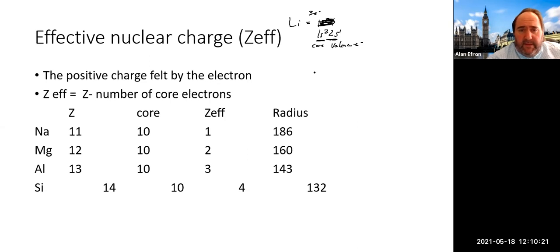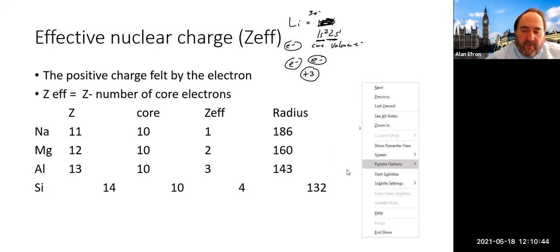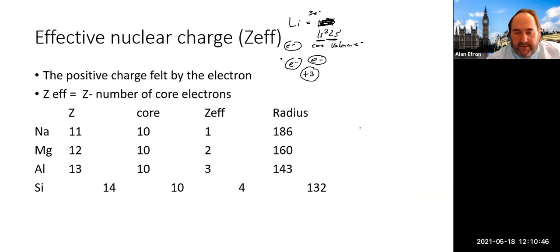And if we think about the arrangement, you've got this positive 3 nucleus. You've got your core electrons sitting there. And then you've got your valence electron sitting outward from it. Now, when we look at these guys, a couple of things are happening. The core electrons sitting there are really feeling the full force of that positive 3 charge.